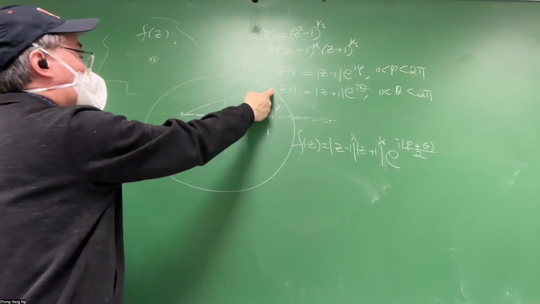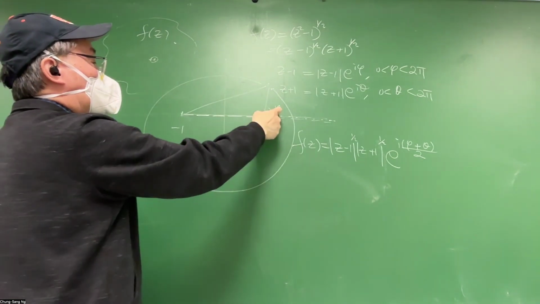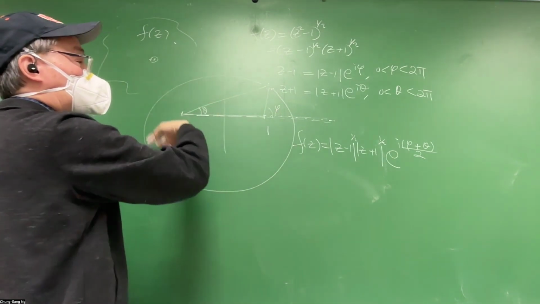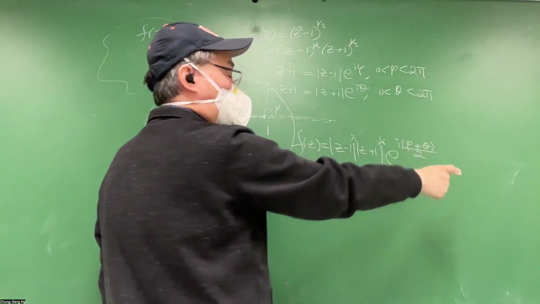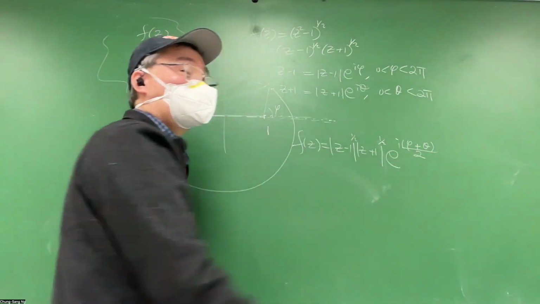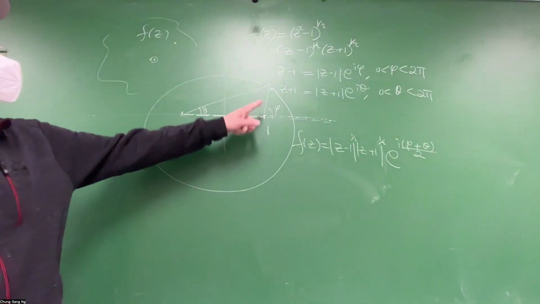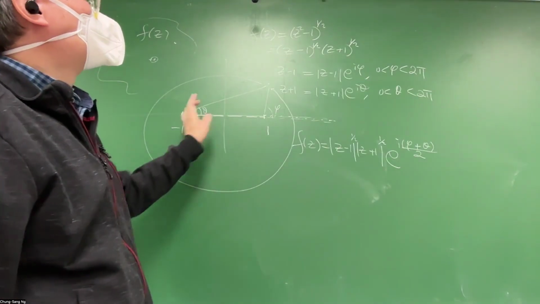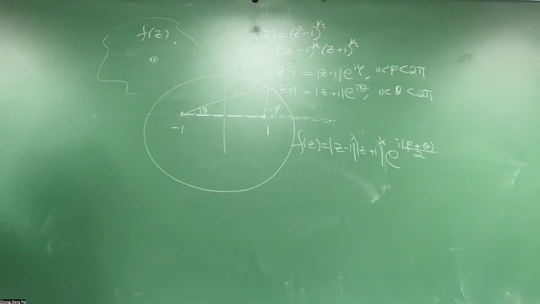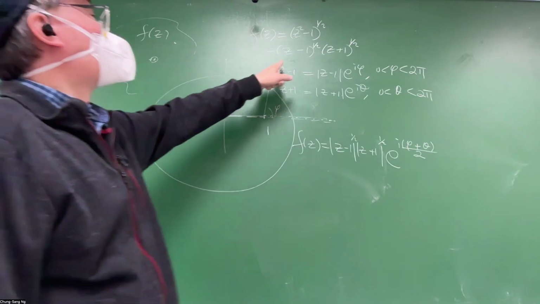So if you're going around a loop like that, both phi and theta will increase by 2 pi, right? So phi plus theta will increase by 4 pi, and 4 pi over 2 is just 2 pi. So you go back to the same value.